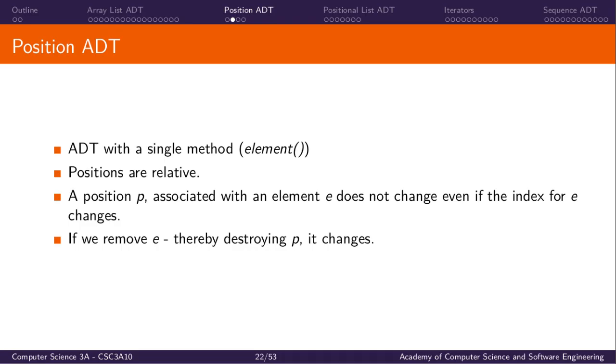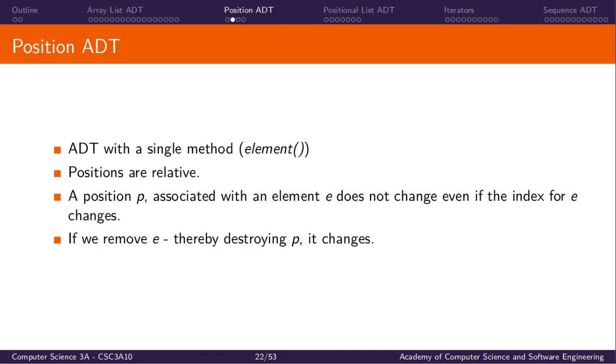It simply allows you to access what is stored within that position, but it also has some order. A list of positions will also have some order, but we can simply access what comes before and after a position, but it doesn't tell us anything about that position's place within the entire list.